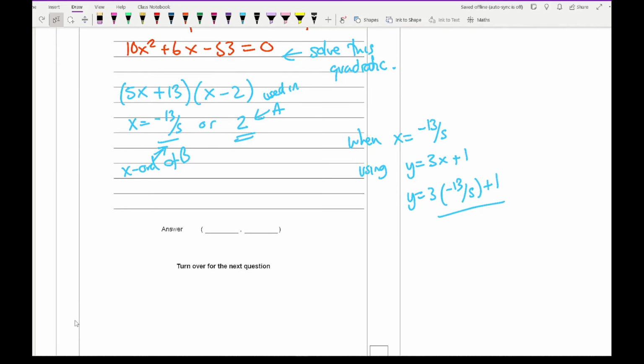Put that all into a calculator and it should give the y ordinate. The calculator's giving me fractions, lots. It gives me minus 34 over 5, but if you like your decimals, that gives me minus 6.8.